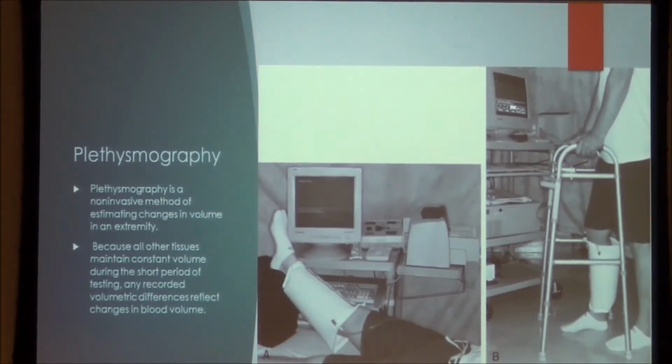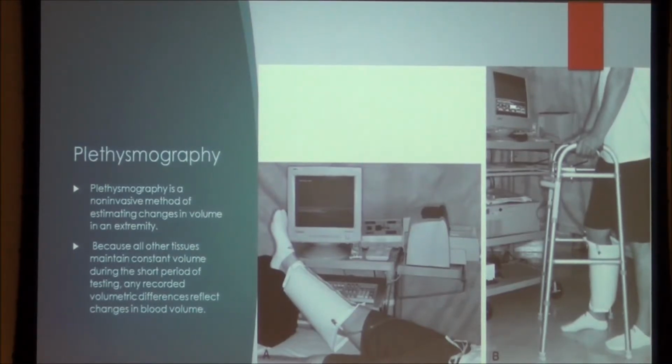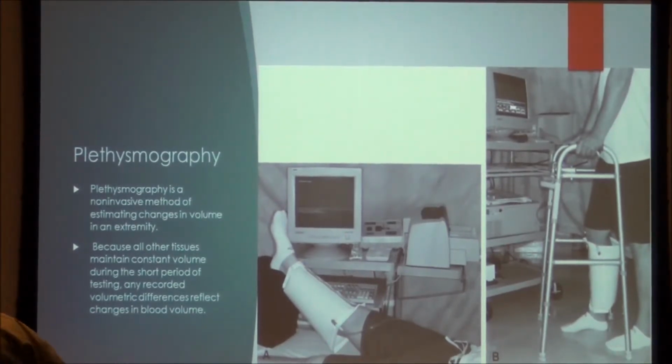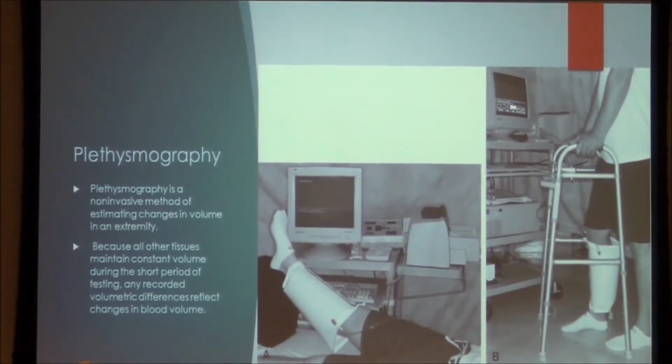Because the volume of the other structures, bone, muscle, and tendons, remains the same, the only thing that changes with every heartbeat is the volume of the blood that is pumped into the extremity. So the changes in the overall volume will be equal to the volume of perfusion.